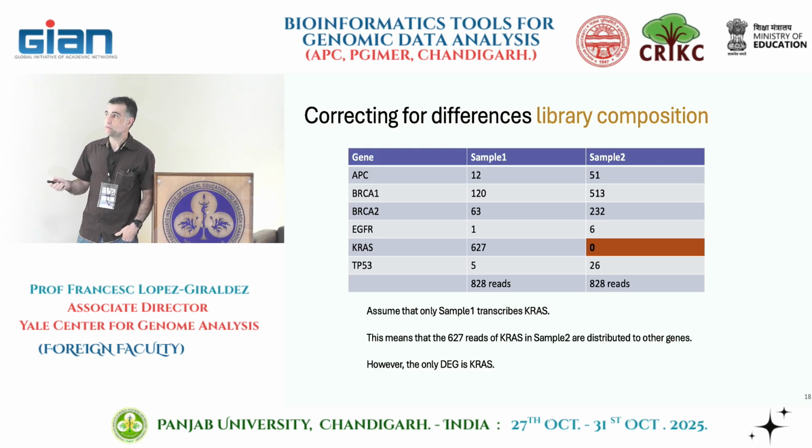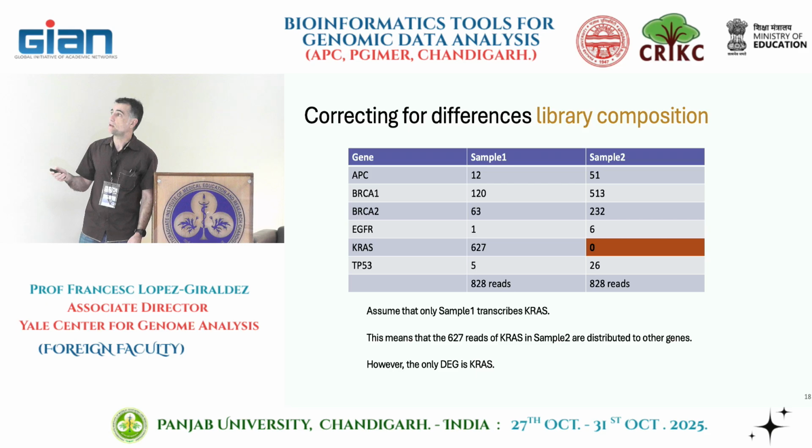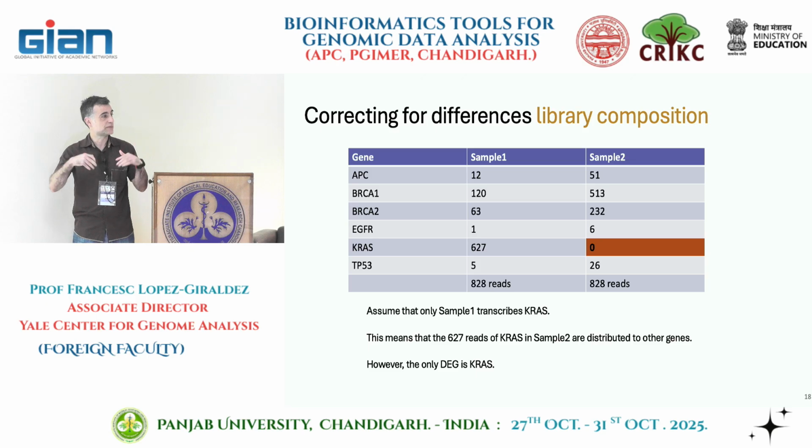So you're going to have to distribute these 627 reads across all the other genes, because both are sequenced at the same sequencing depth. But actually these genes are not differentially expressed. If you try to do an analysis where the RNA composition is not taken into account, you're going to say, yes, sample 2 for this gene has 4 times higher expression.